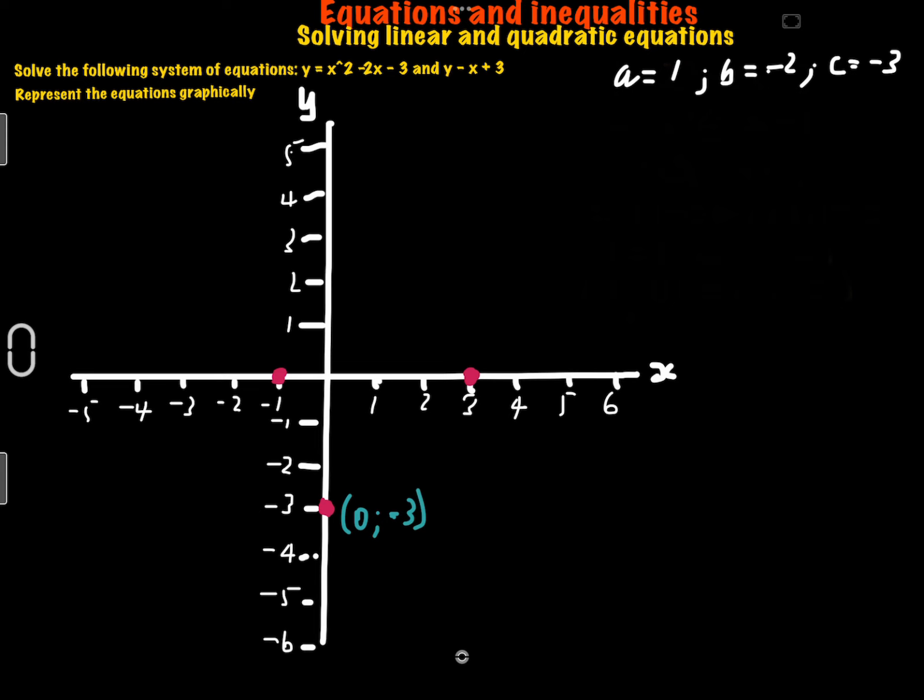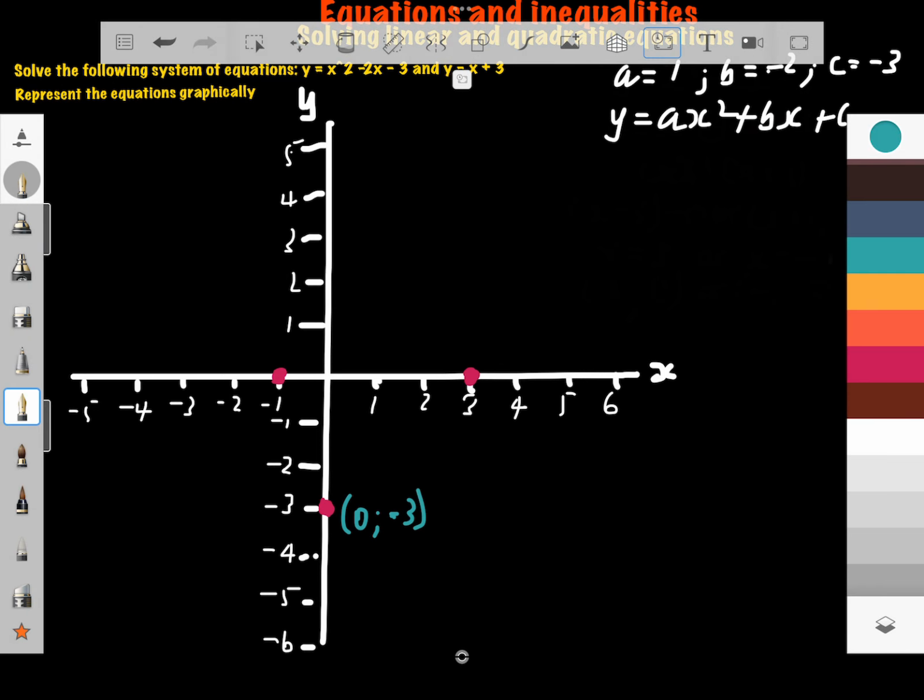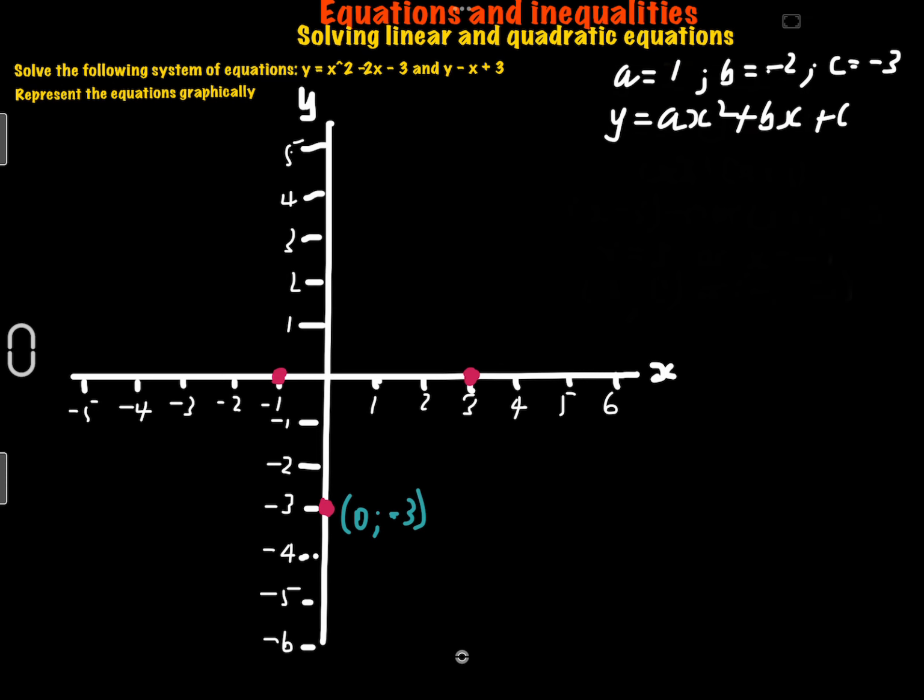Remember, the original form of a quadratic equation is y = ax² + bx + c, where a is simply 1, the leading coefficient, b is -2, and c is -3, given the original equation.